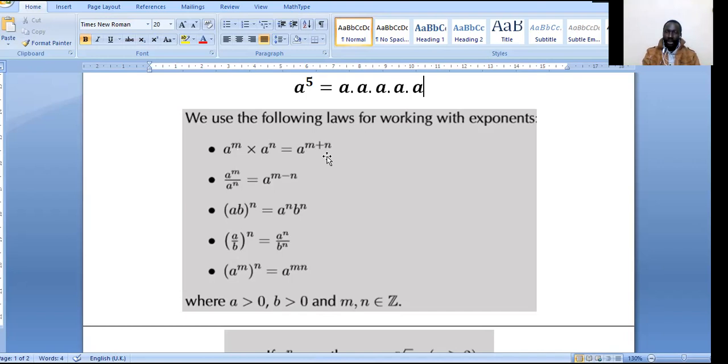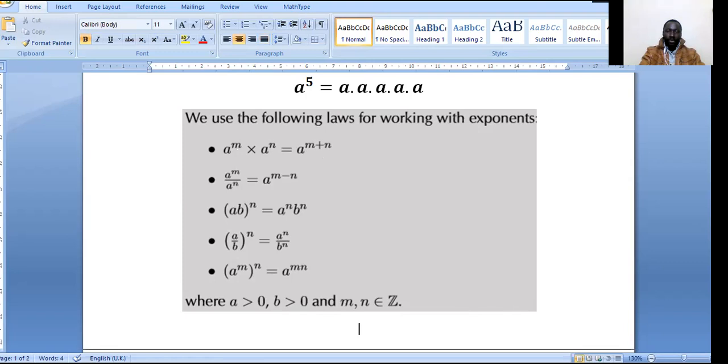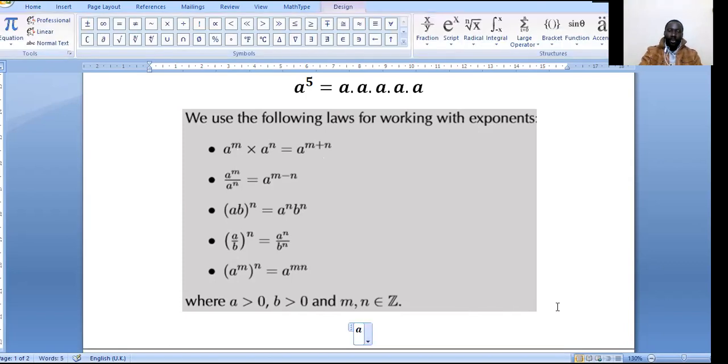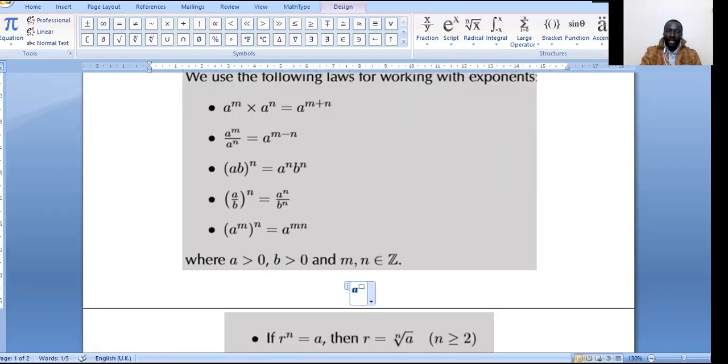This means, should it happen that we have a raised to power m plus n, we can also write it as a raised to power m times a raised to power n.